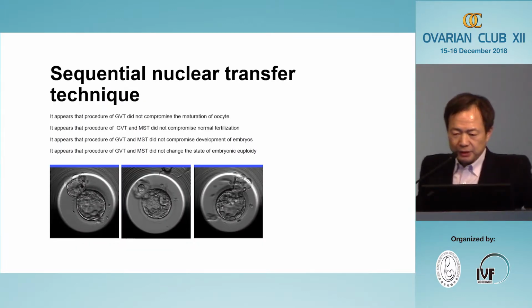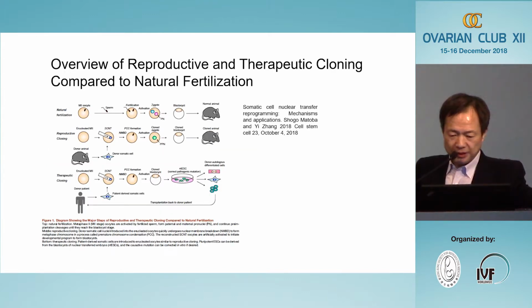I just want to quickly touch base on sequential nuclear transfer, which gives us the opportunity for more clinical applications. By the way, I want to skip these two slides very quickly, but appreciate the difference between nuclear transfer in human and in animals.